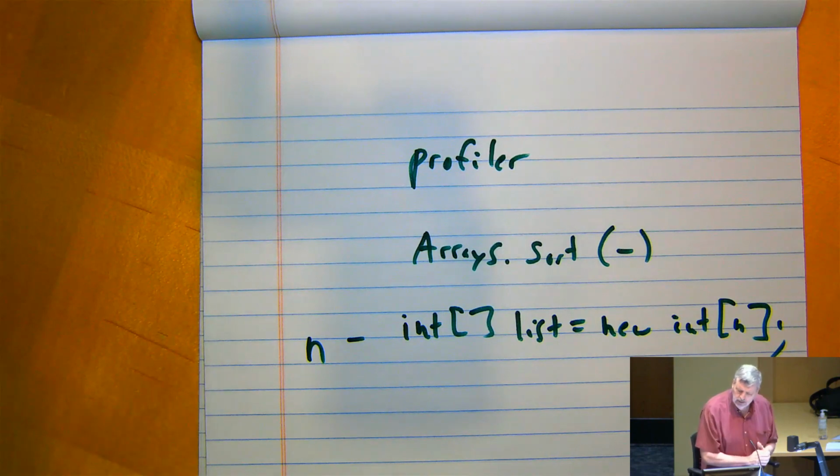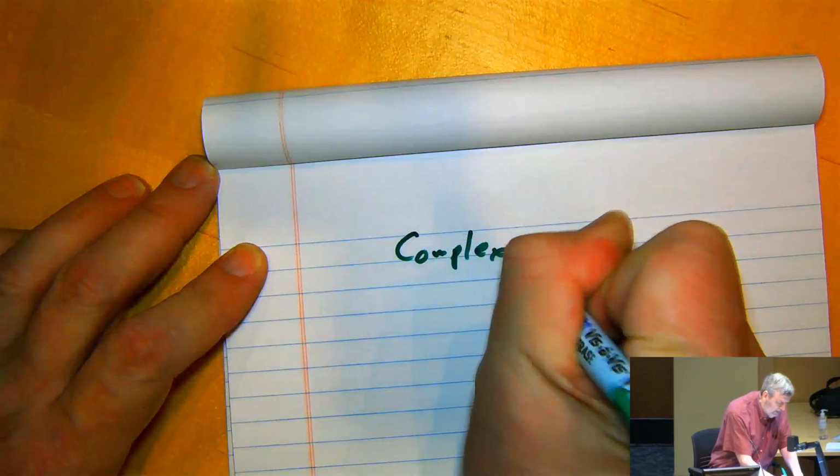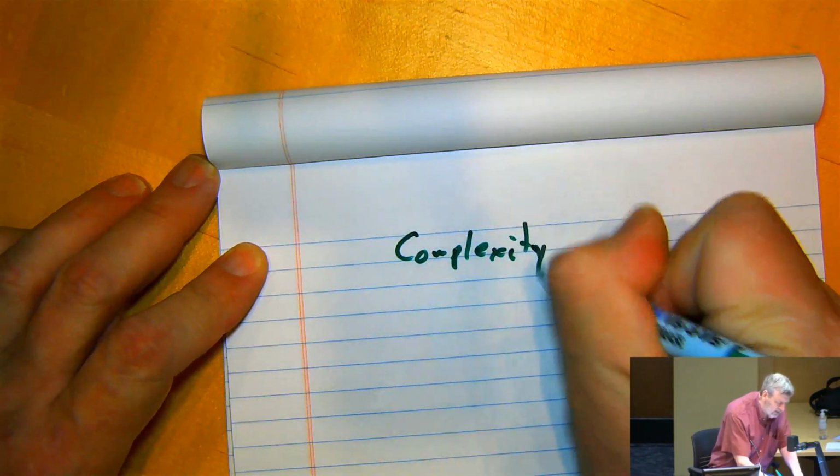So I'll show you that in a minute. We're going to look at an actual algorithm. I wanted to mention one more thing before we do that, which is that there's a notion of complexity classes.